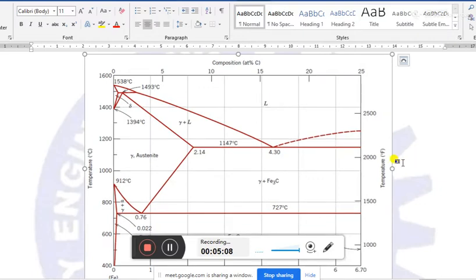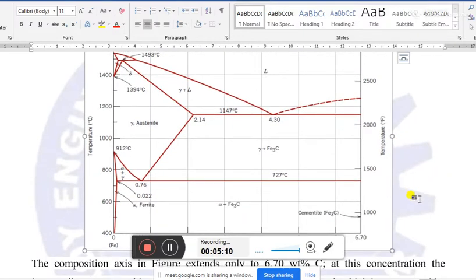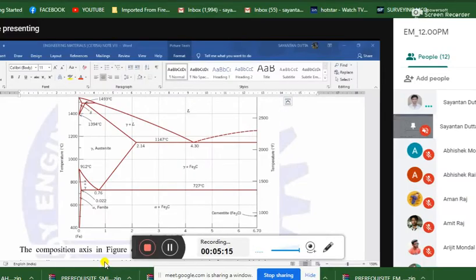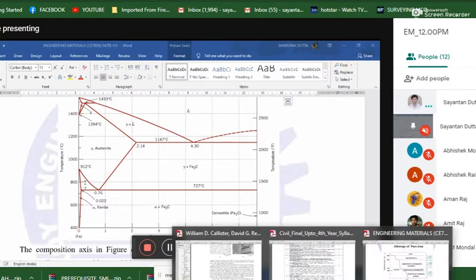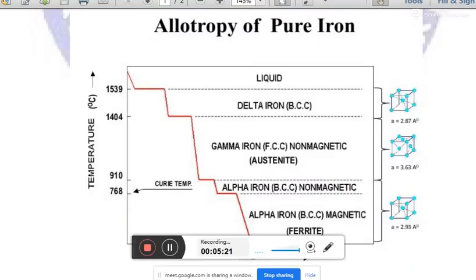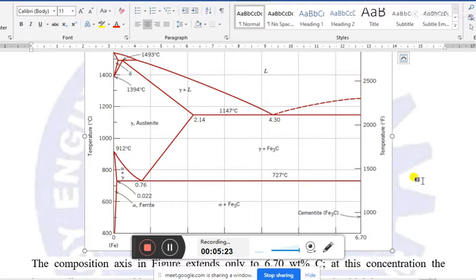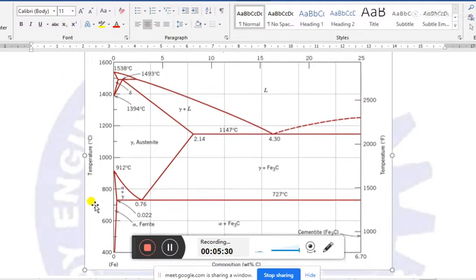to better understand. Now, if you can remember the two component phase diagram or binary phase diagram, there are two axes. One is the composition axis, one is the temperature axis.